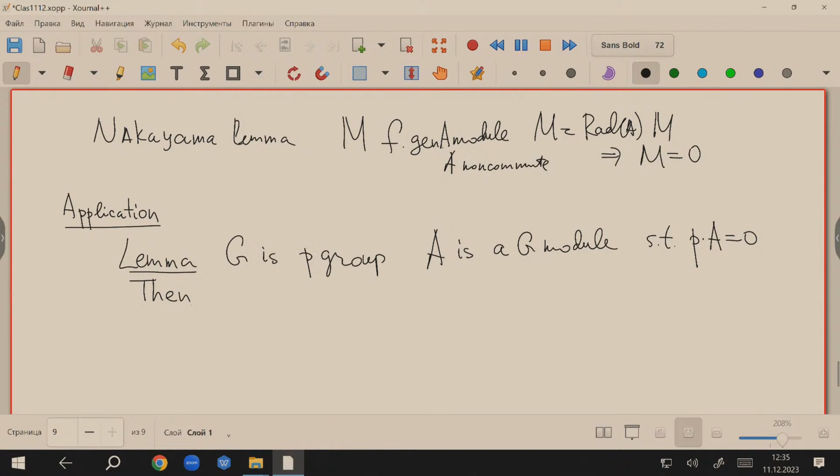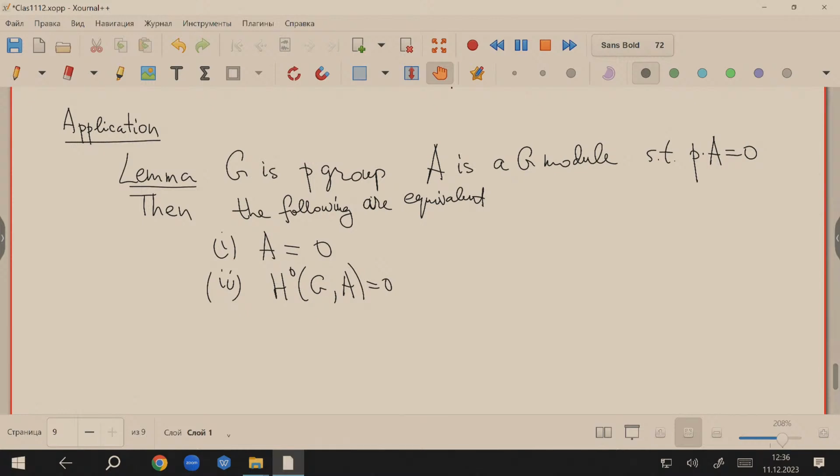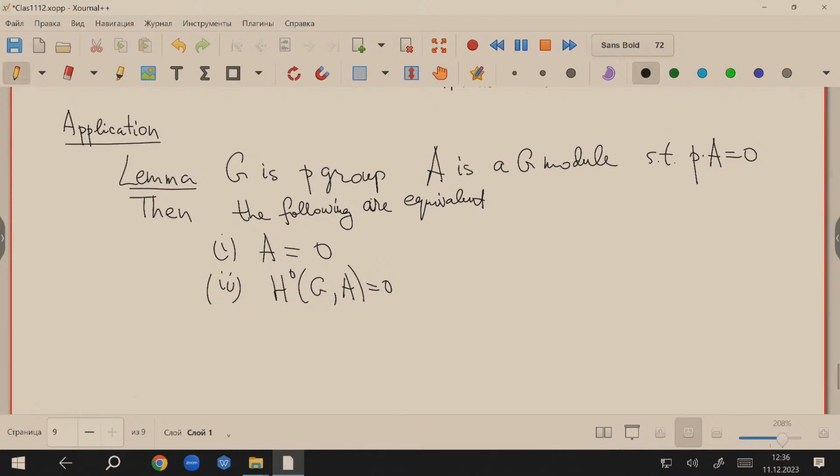Then the following are equivalent statements. This is a characterization of the module to be 0: A is equal to 0. You are calculating H0 cohomology, this is ordinary homology. So invariants are 0 and co-invariants are 0.